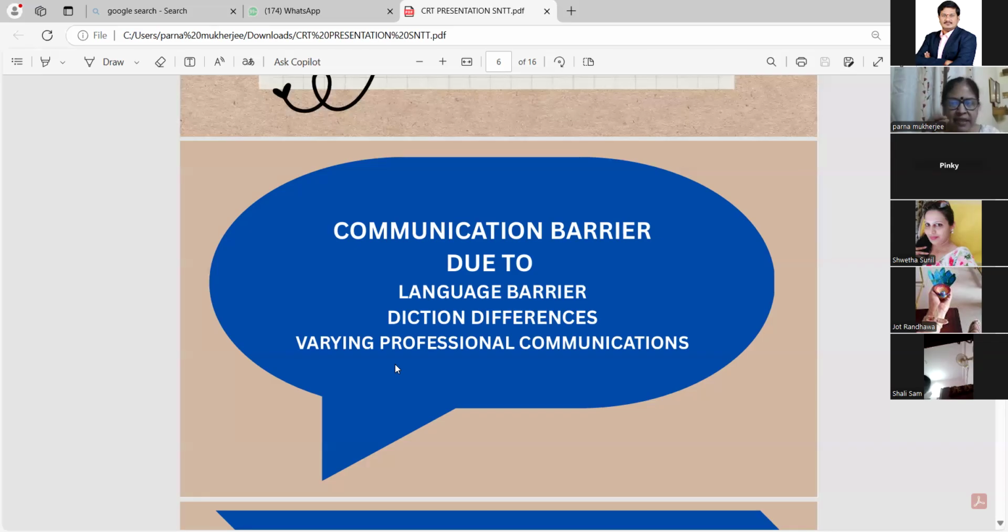So in certain cases, the repercussions go both ways. The child might be hyperactive and excited to learn more, or the child may be left out in a confused state. So the varying professional communication methods could also be one factor that might hinder learning due to this diversity.